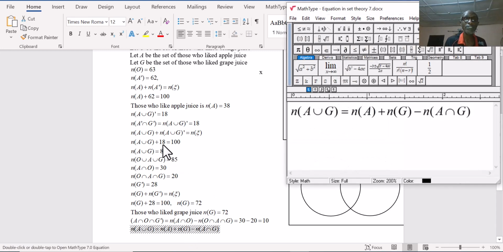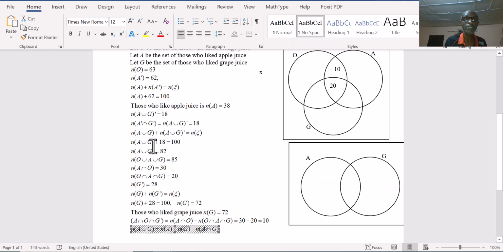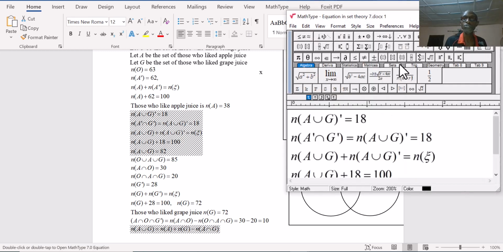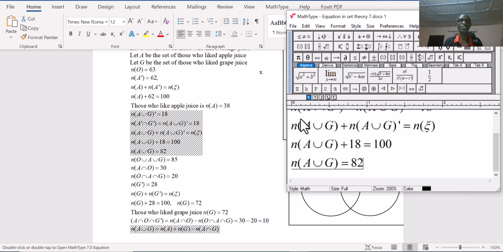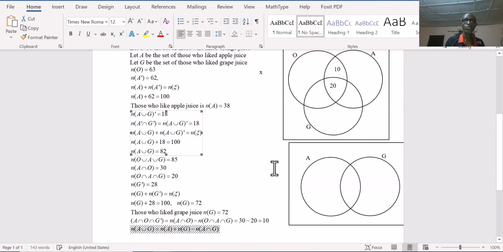Now, look at this information that I have here. We have said that those who like neither apple nor grape juice is 18. And from that information, we are able to get our A union G, the cardinal of A union G is 82. We've been able to extract that out. So now I'm going to work with this.